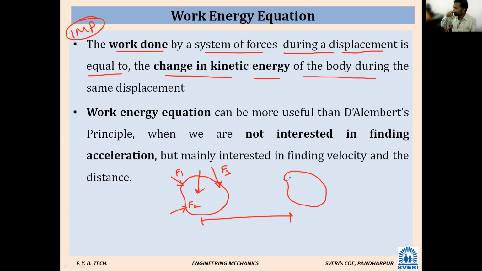Potential energy depends on the mass and its height, which are constant. Taking a ball, its height is the same even after displacement, so the potential energy does not change, so kinetic energy will change.